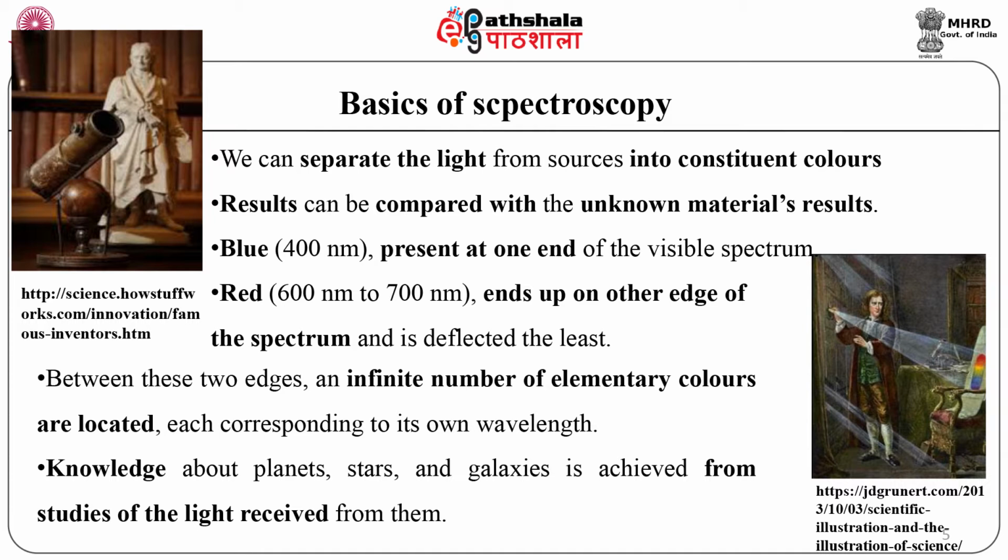Between these two edges, an infinite number of elementary colors are located, each corresponding to its own wavelength. The same procedure is used for starlight, telling us what its source is composed of. Almost all our knowledge about planets, stars and galaxies is achieved from studies of the light received from them.